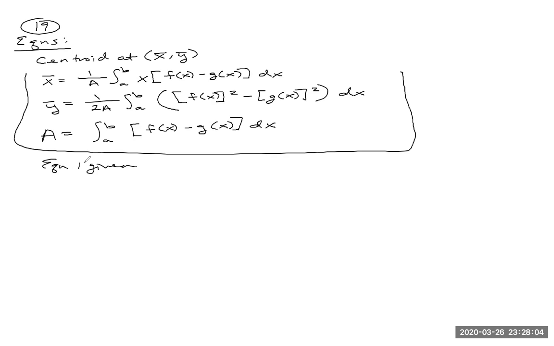Let me erase these. We'll just leave it off until we need to write it in there. Okay, so here's your first equation: you have y equals x to the fifth. And then you have the equation x equals y to the fifth.